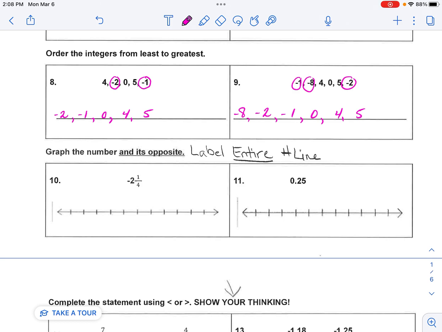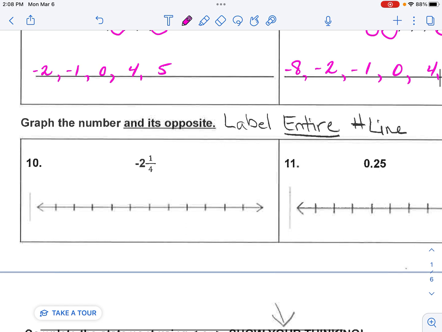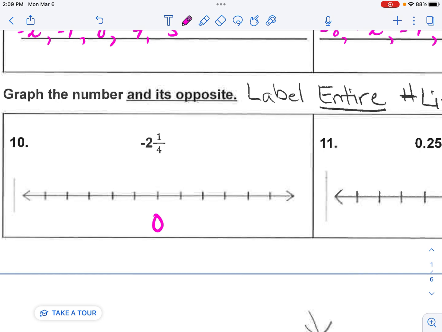Number 10 and 11, we are going to graph the number and its opposite, and we are going to label the entire number line. Okay, so -2 1/4, its opposite would be +2 1/4. I'm going to put 0 in the middle, and I don't think I'm going to be able to go by fourths and get everything on there, like my denominator says, so I'm going to go by halves.